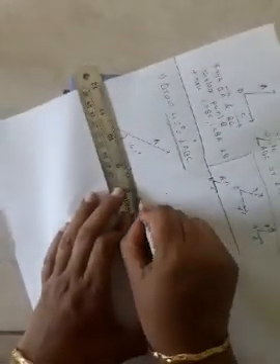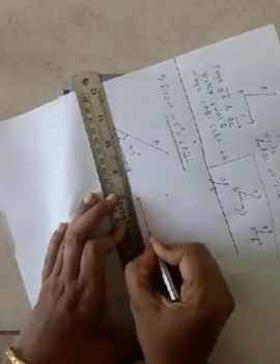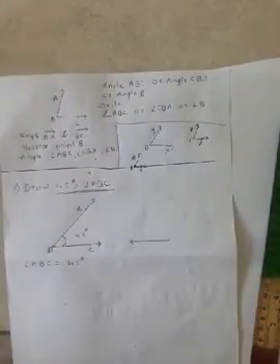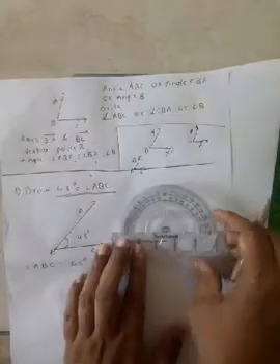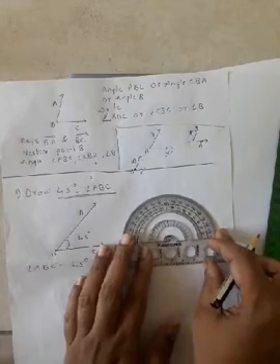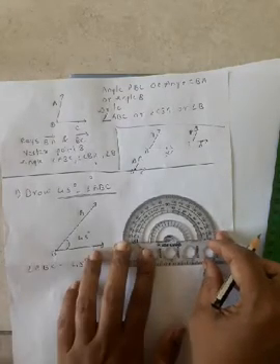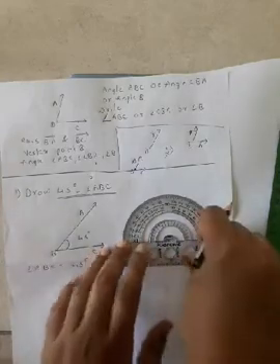Now see here how to draw. Keep the point on this middle point, and your rays, where is the arrow?